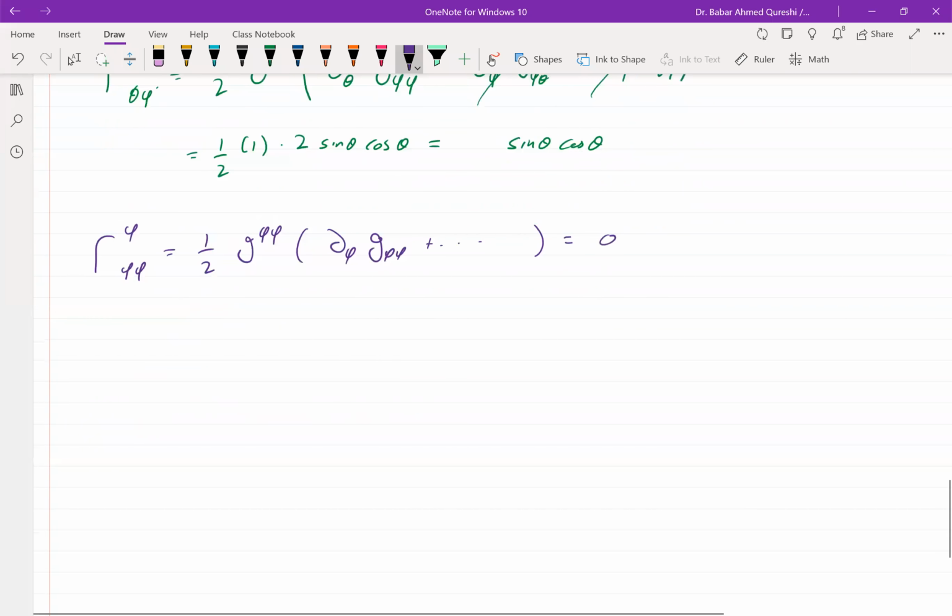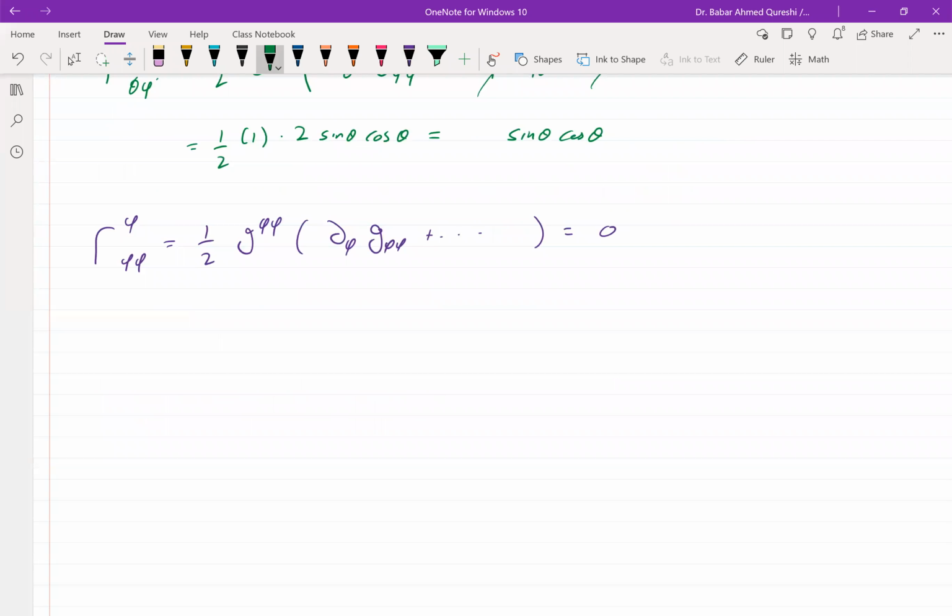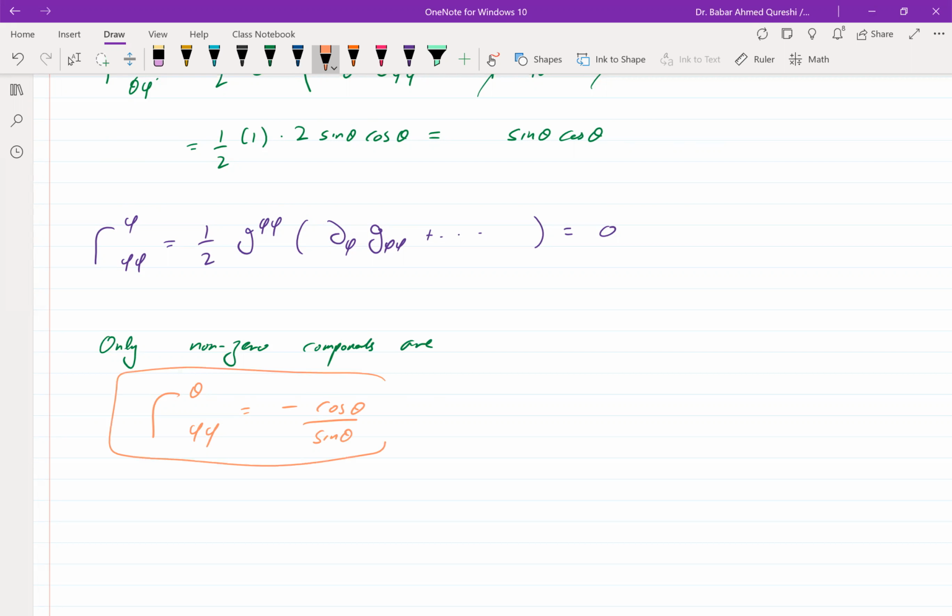So you had 6 connection coefficients. Out of those, only 2 are non-zero. The non-zero components are gamma theta phi phi, which is minus cosine theta over sine theta, and gamma theta theta phi, which is sine theta cosine theta.